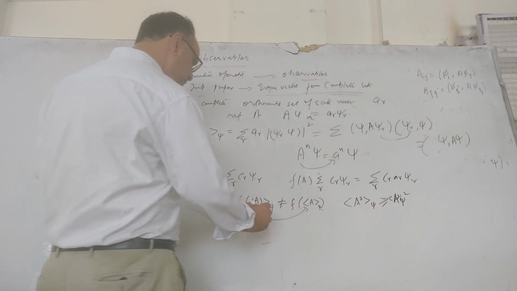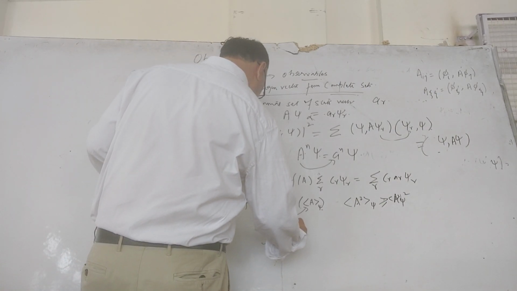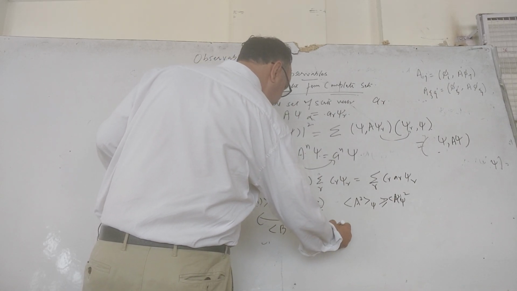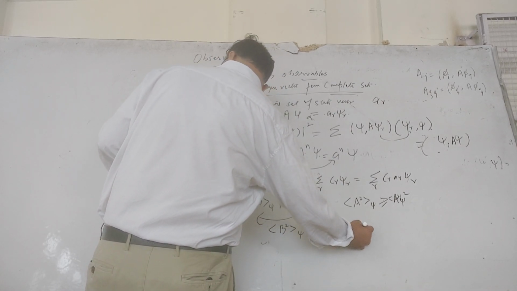For any Hermitian operator B, the expectation of B squared can be written as the inner product of B psi with itself.